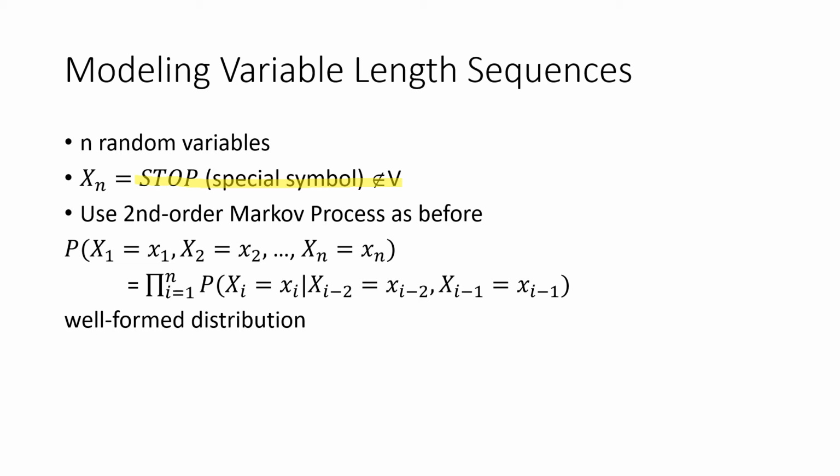So to calculate a joint probability of words, we can use this product of conditional probabilities, where each word is conditioned on two previous words, in order to obtain a well-formed distribution.